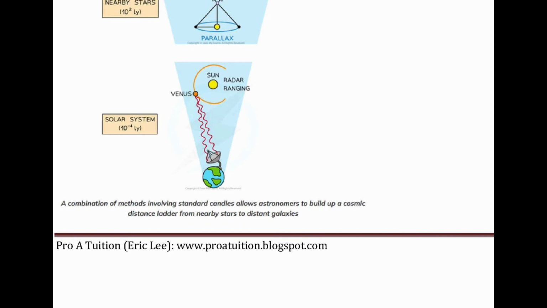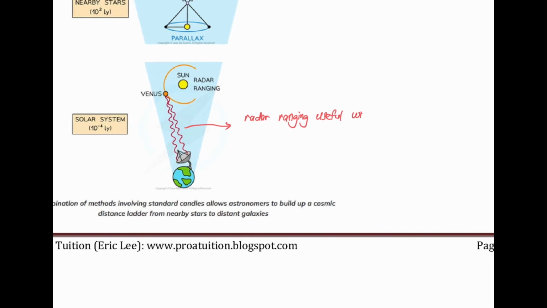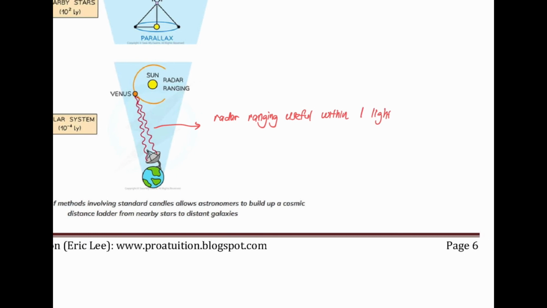A short note here: this way is called radar ranging. Radar ranging is useful; if it's too far, you cannot use it anymore. Radar ranging is useful within 1 light hour.